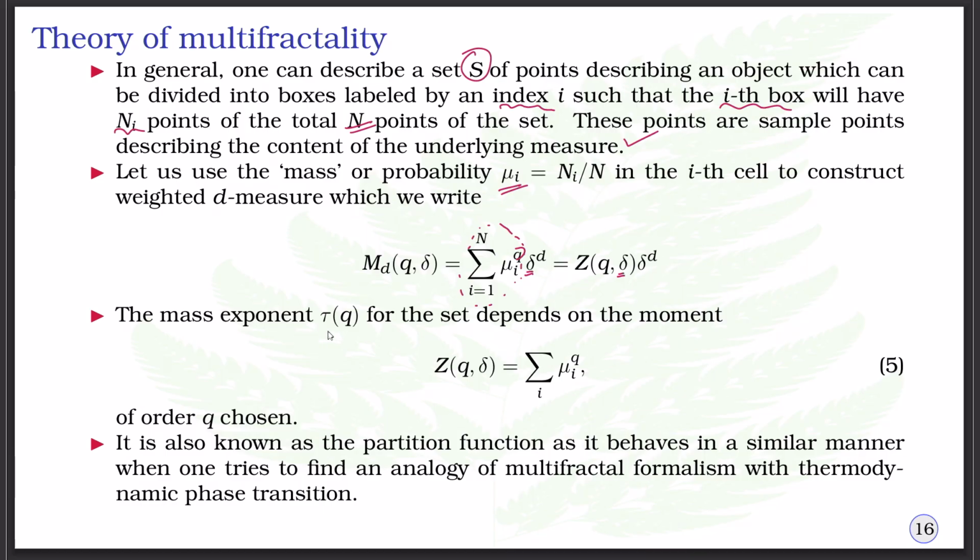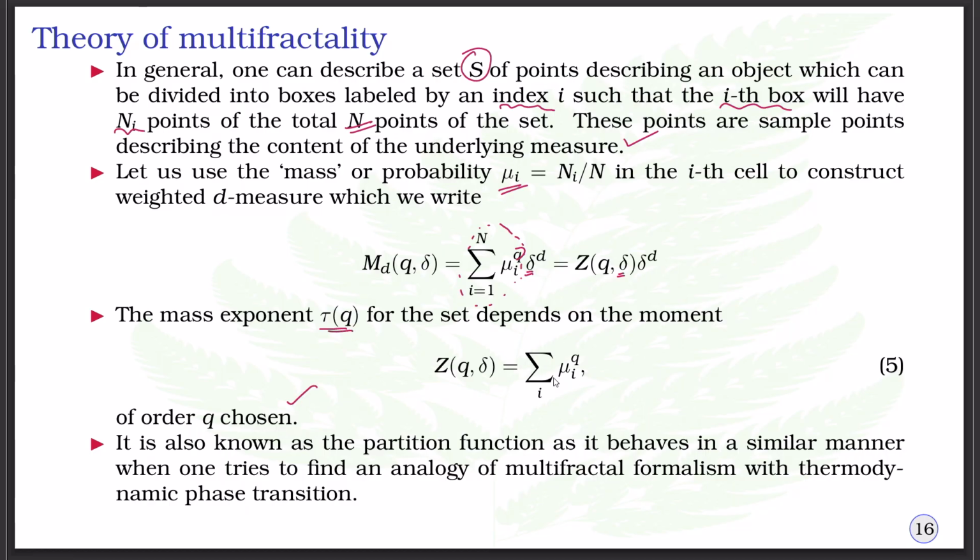The mass exponent τ(q) for the set depends on the moments. I can write Z(q, δ) equal to the sum of μi^q, of order q chosen like this.